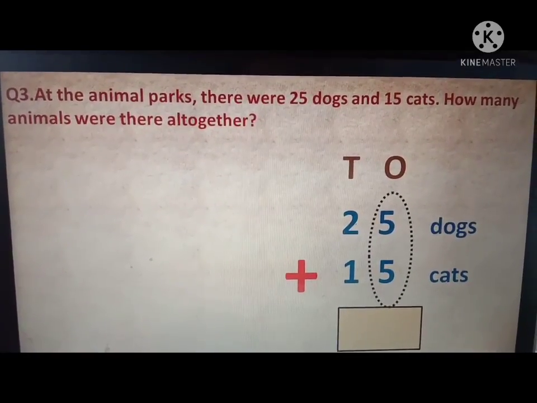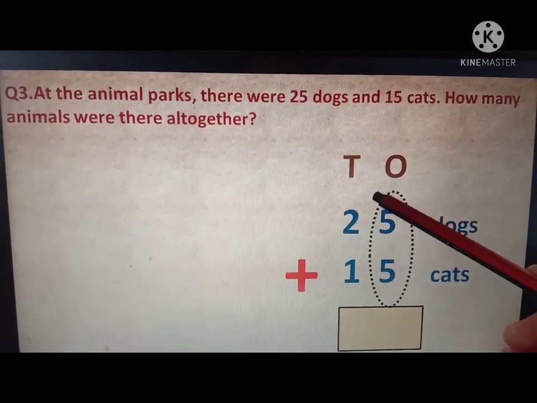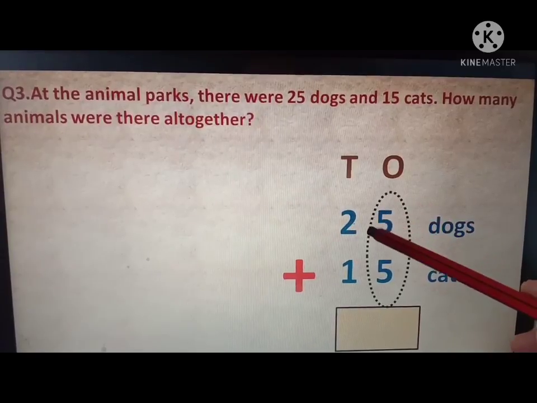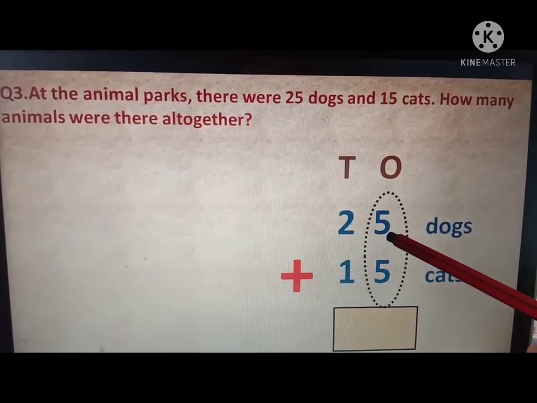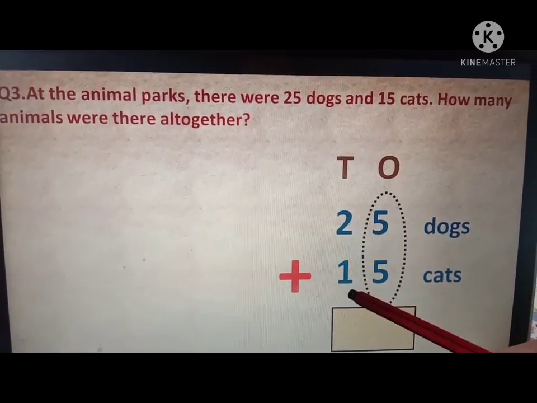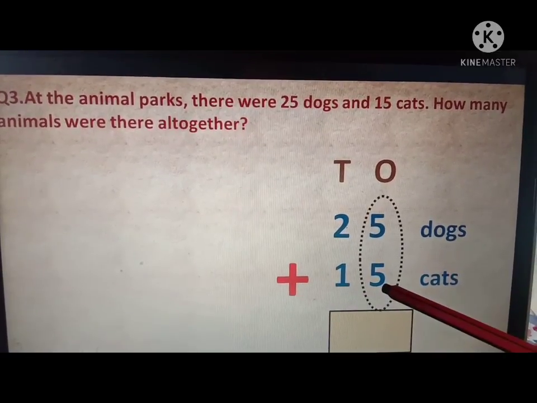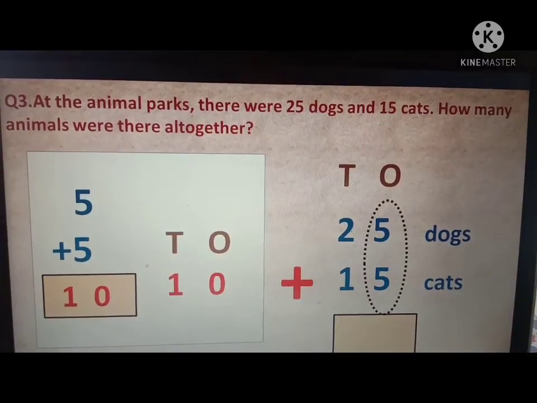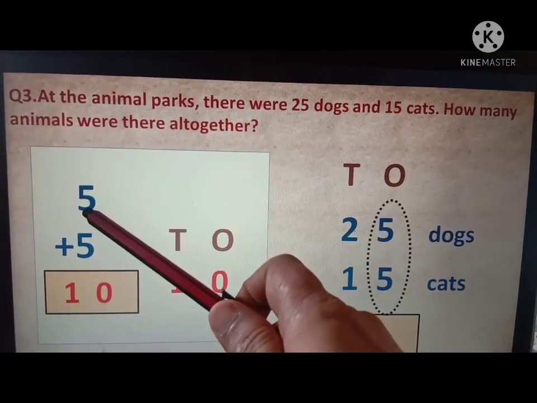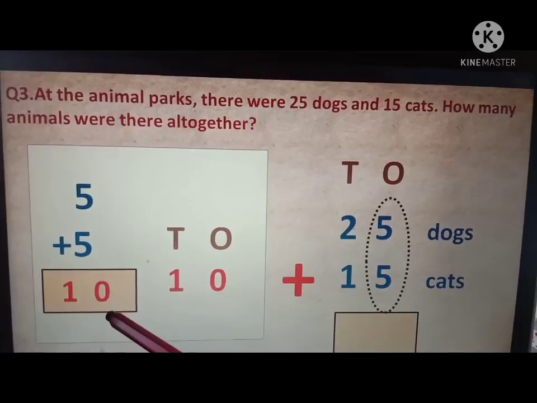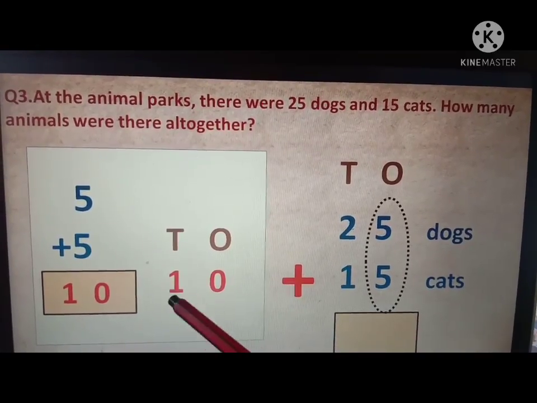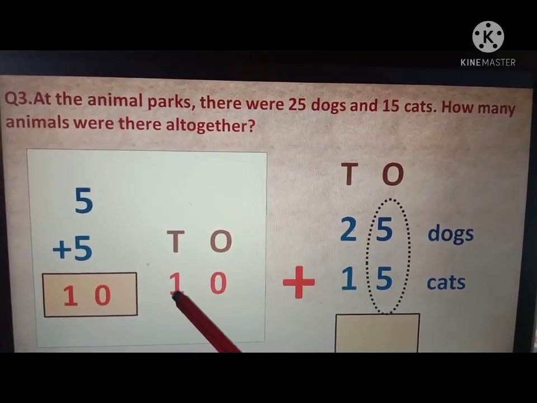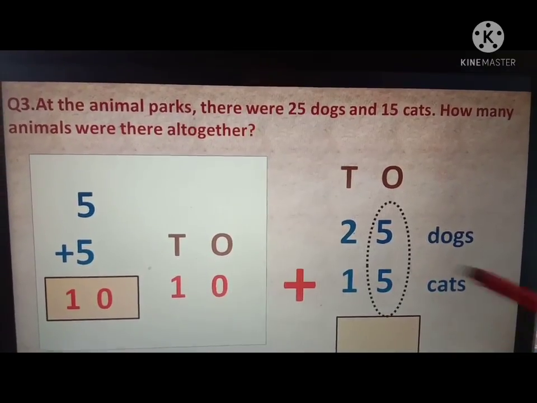So here the first step is to add the numbers that are given at ones place. In 25, 5 is at ones place, in 15, 5 is at ones place. So we have to add 5 with 5. When we add 5 with 5, we will get 10. And you can see here in 10 there is 1 at tens place and 0 at ones place.